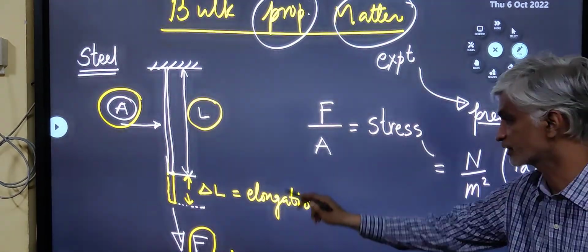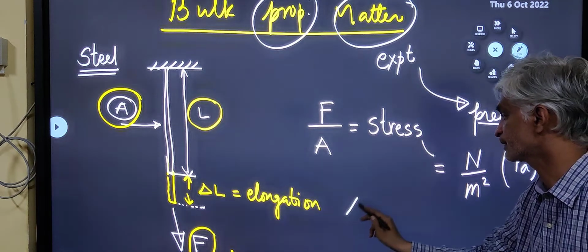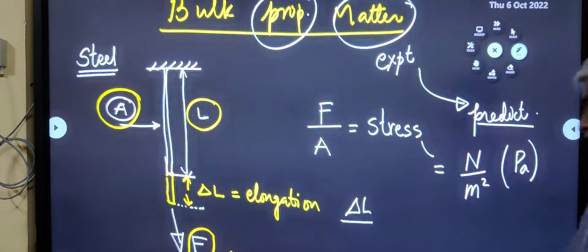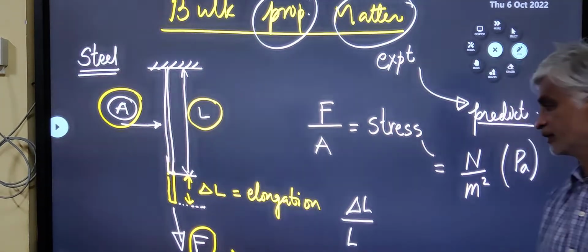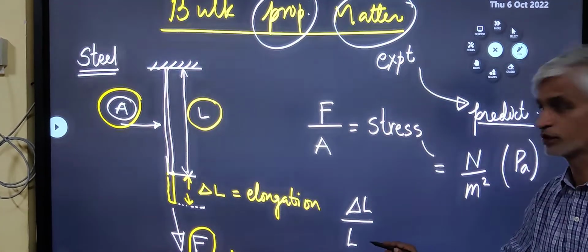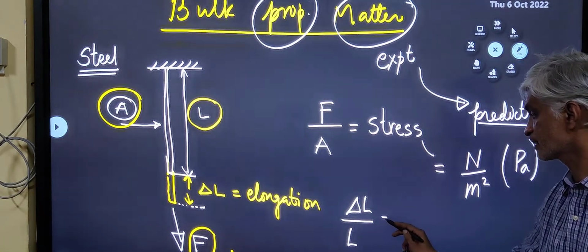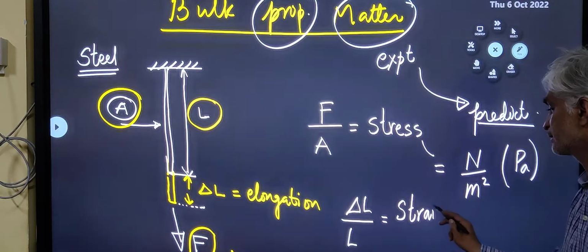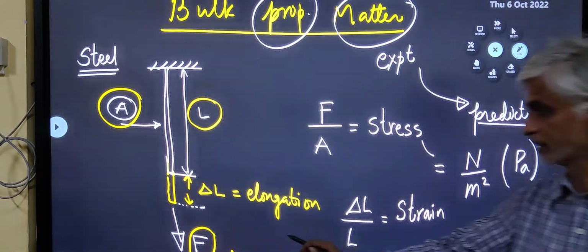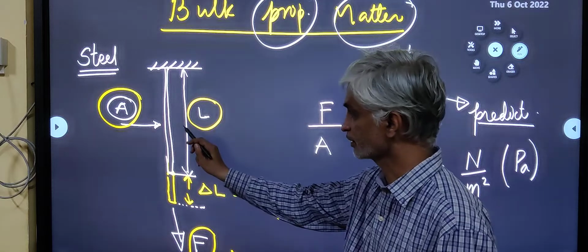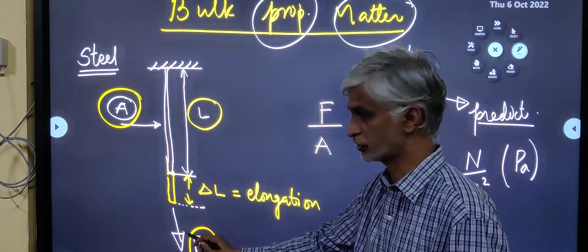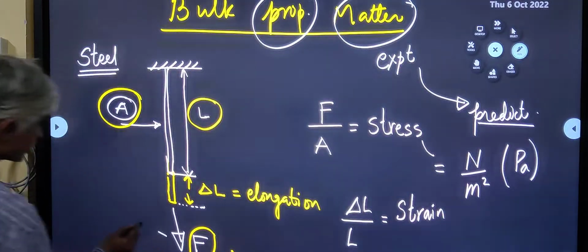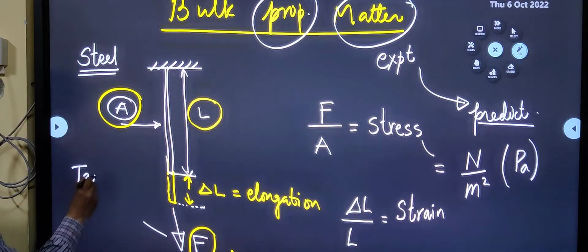The second important quantity is also there on the board. It is the change in the length or the elongation divided by the length of the wire, or in other words, elongation per unit length. Now this is called strain, and this particular kind of loading here, where I am putting the wire under tension so that the length of the wire increases, is called a tensile force.